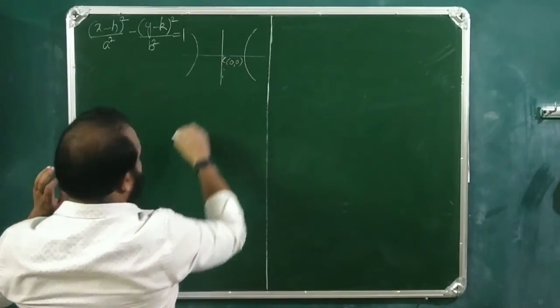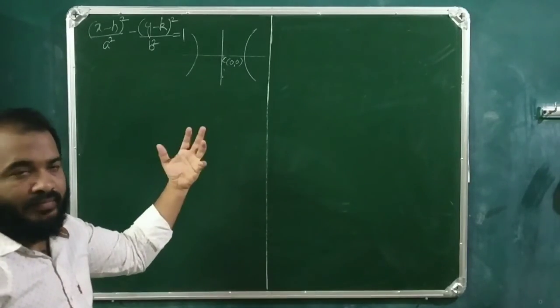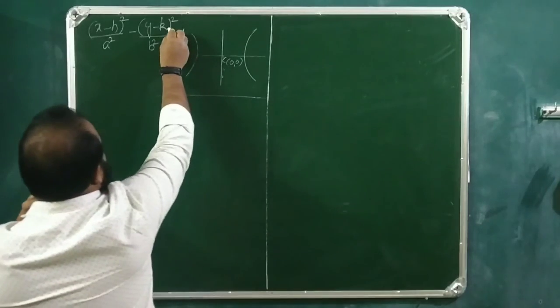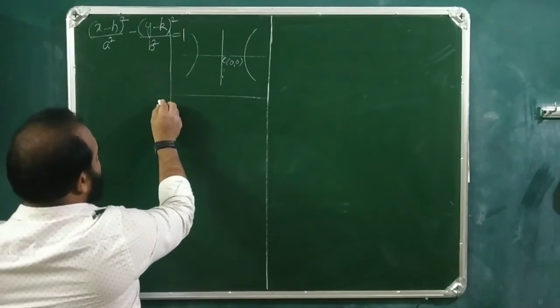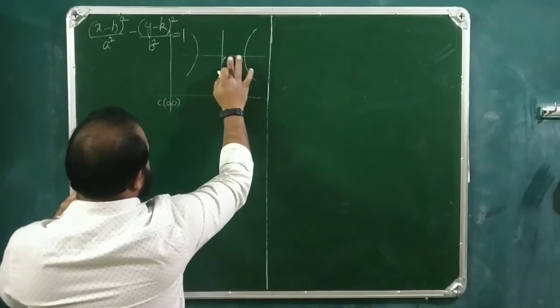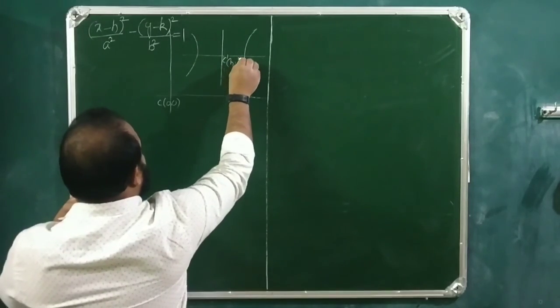Here the origin has been shifted to a new origin C dash, h comma k.